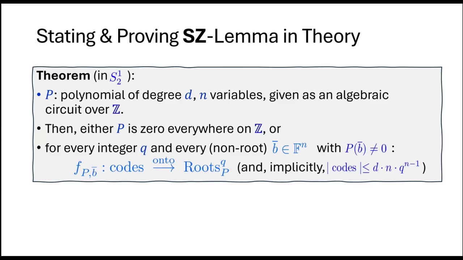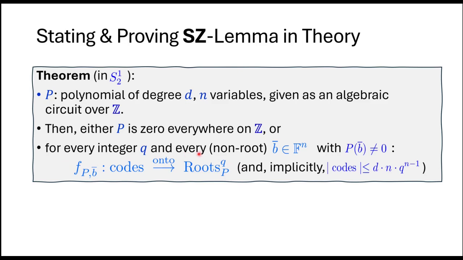Actually, it should have been, I change it now, roots in Q of P. So it's the roots of the polynomial P in Q. Q here means the set 1, 2, 3 until Q. So we just take the set of integers 1 to Q. So this will be our S, the set S of points that we choose.